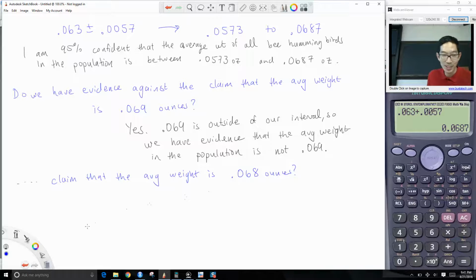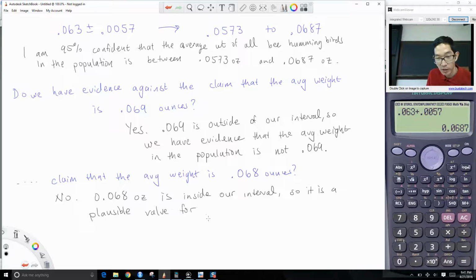Here we say no. 0.068 ounces is inside our interval, so it is a plausible value for mu, the mean weight in the population.